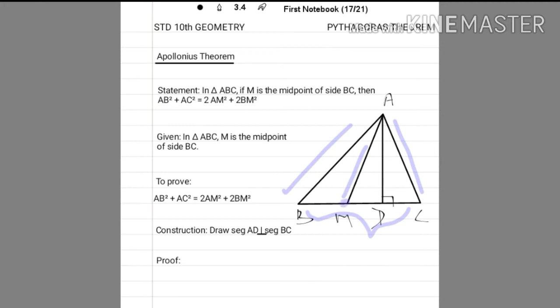Now why did I say half of the base square? Because M is the midpoint of this segment, so we can say BM is equal to MC. Like BC is divided into two equal parts, so we can say BM is equal to MC is equal to half of BC, right?